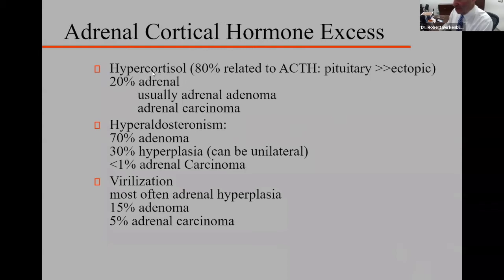Well, cortisol excess, the majority is related to ACTH excess production or excess presence, but about 20% are related to the adrenals, usually related to adenomas, but can be seen with carcinomas. Hyperaldosteronism is often related to adenomas, but can be seen with hyperplasia, or a very small percentage related to carcinoma. And in virilization conditions, most often related to hyperplasia, but can be seen with adenomas and carcinoma.